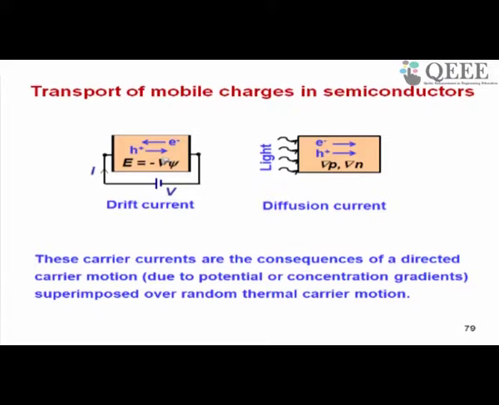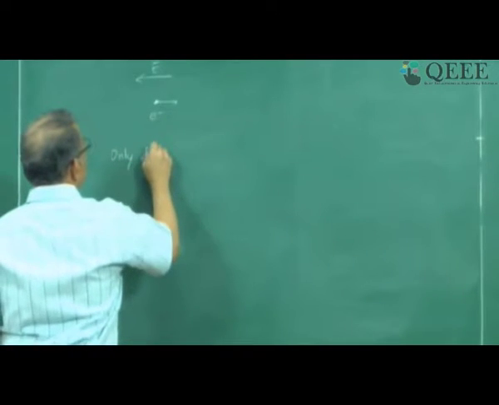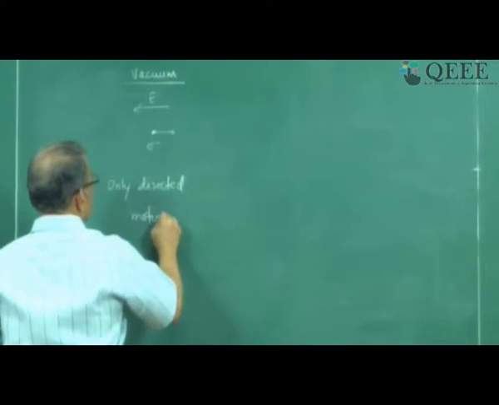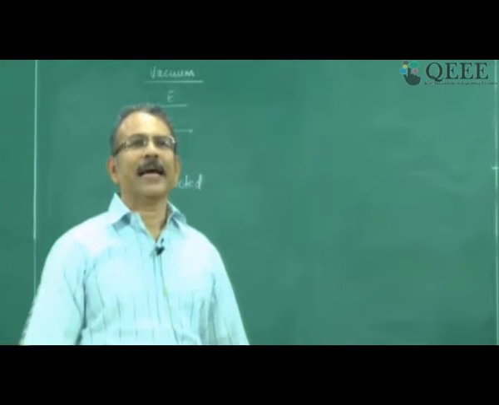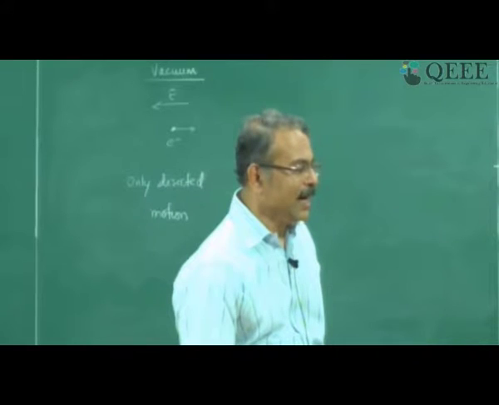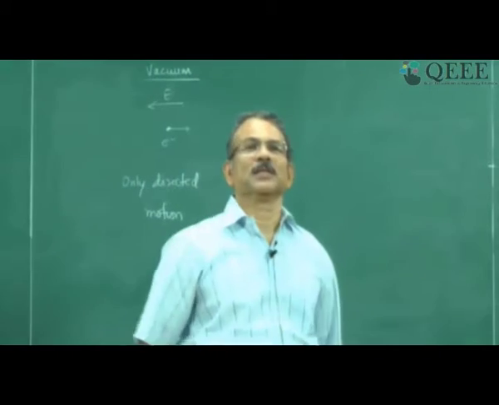So there is only directed motion. In vacuum, the transport of electrons is only directed motion. Whereas, look at the slide again, in semiconductors it is directed motion superimposed over random motion.